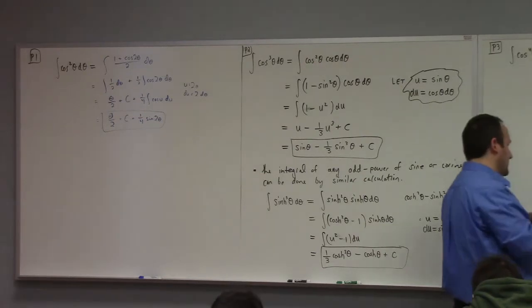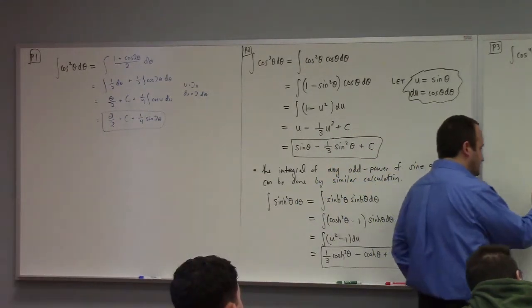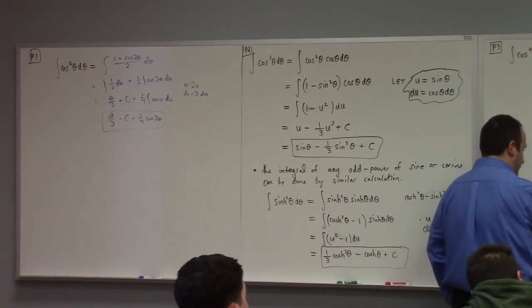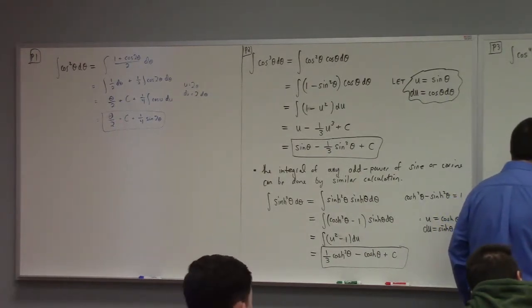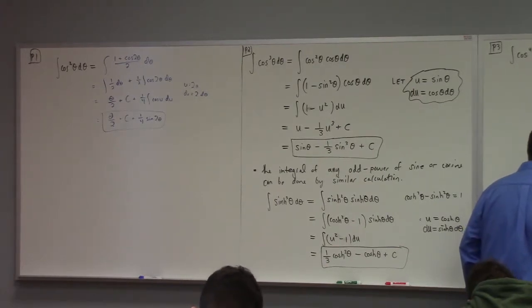Of course you can combine these. What's a 4th plus an 8th? 3/8, right? So 3 theta over 8 plus 1/4 sine 2 theta plus 1/32 sine of 4 theta plus a constant.